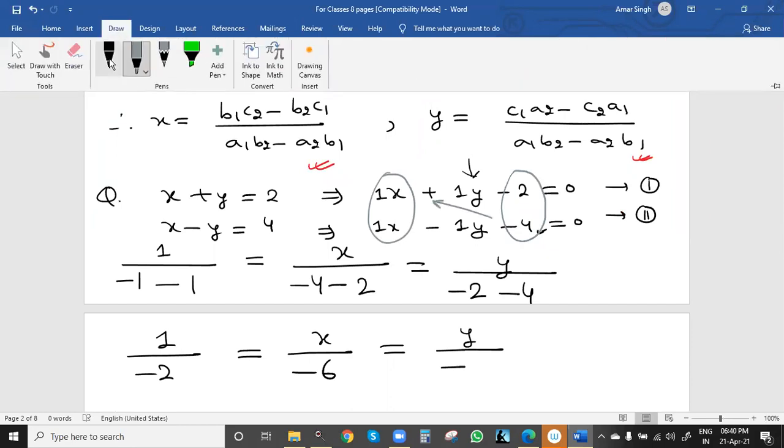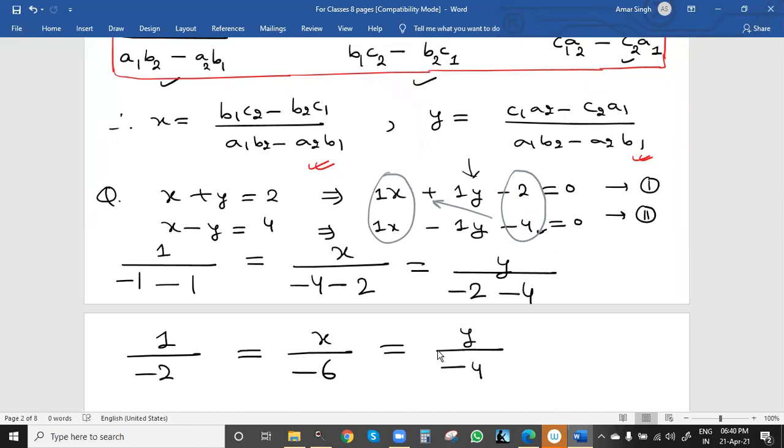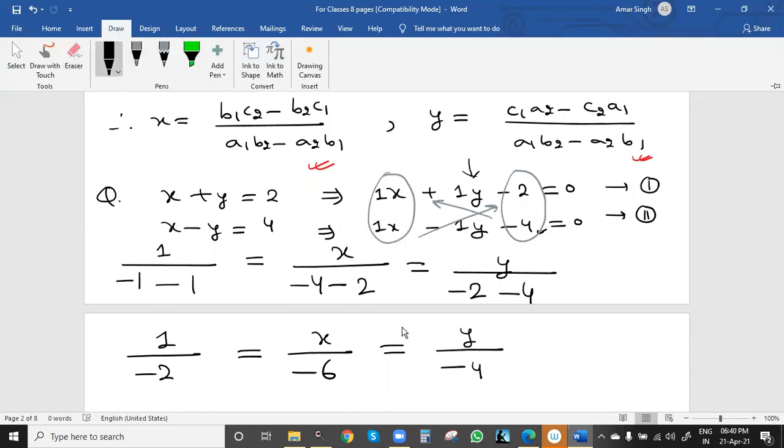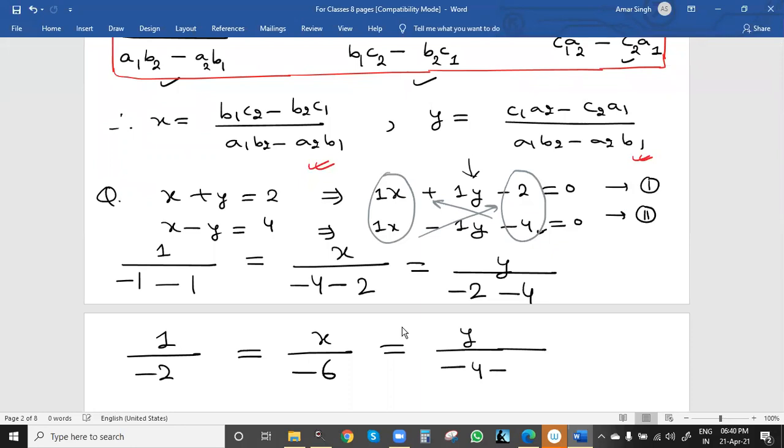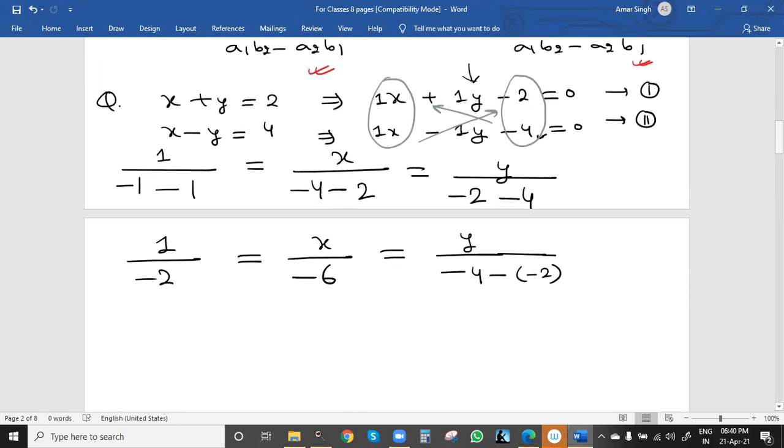So 1 into minus 4 is minus 4, and then again the right side back cross, minus 1 into minus 2, which is minus 2, apart from this central minus sign. So 1 by minus 2 equal to x by minus 6 equal to y by minus 2, because minus 4 plus minus 2 will be minus 2.